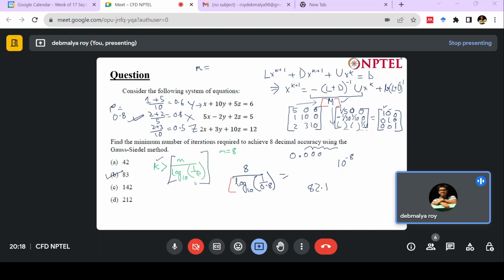This is the rate of convergence, but whether this will converge or not depends on rho being less than 1. It should be less than 1 for a clear convergence, not less than or equal to 1.